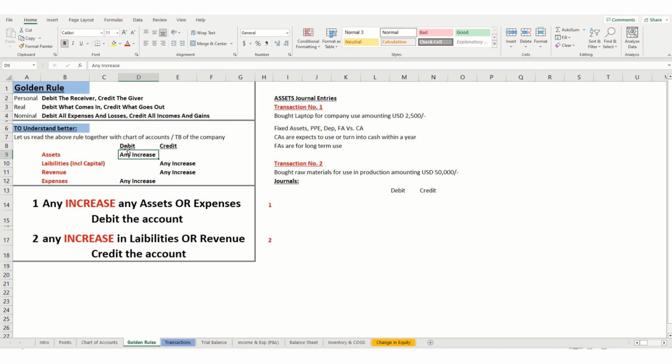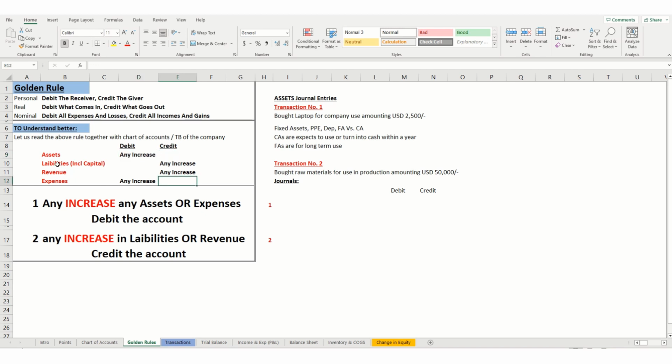Any increase in assets or expenses will have to be debited. So what happens to a decrease in assets or expenses? Automatically it will be credited, right? You just need to remember only this: any increase in assets and expenses accounts will be debited, so automatically you can remember the decrease will be credited.